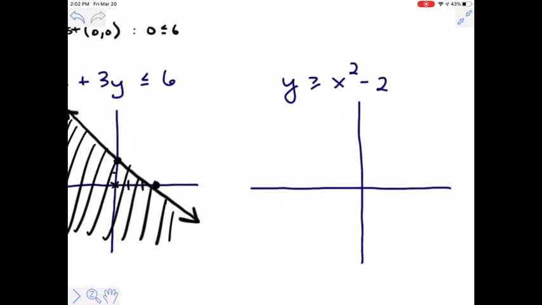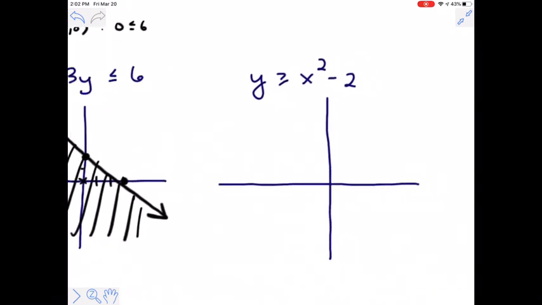Now we're not going to just be dealing with systems of linear inequalities. We're also going to be dealing with nonlinear graphs. This one right here, for example, is quadratic. And this -2 is outside the function, so it moves the parabola down 2 units. So the vertex is down here at 0, -2.